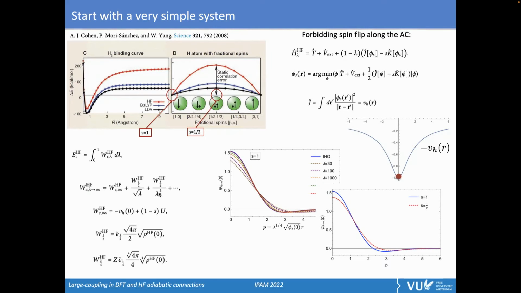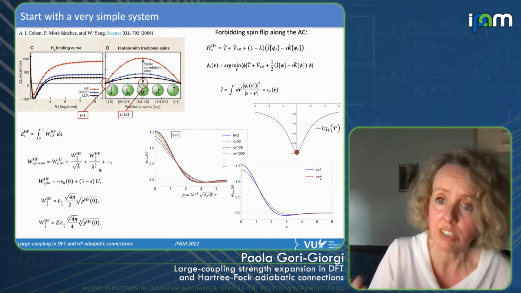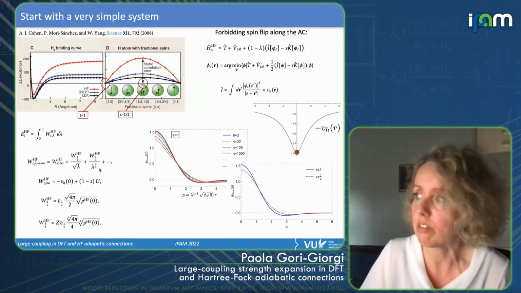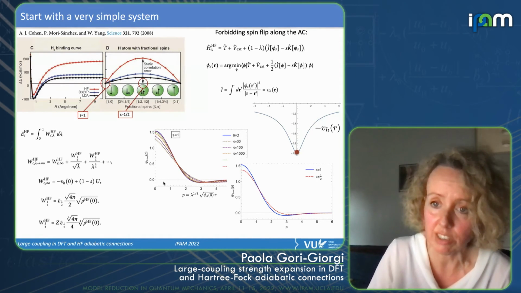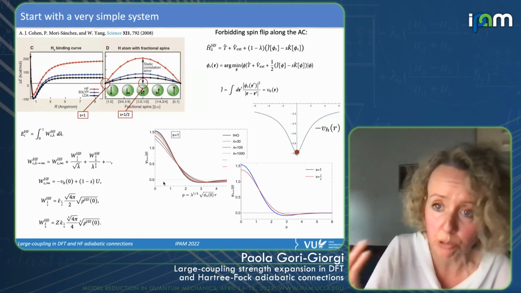And it's there simply because in this case, your electron is localizing on the nucleus. So the divergence or the non-analyticity of the Coulomb potential at the nucleus, together with the cusp in the Hartree-Fock orbitals, make this 1 over lambda 3/4, which is not there in DFT, because in DFT you have the density constraint, so the configuration with one electron at the nucleus will have negligible weight.